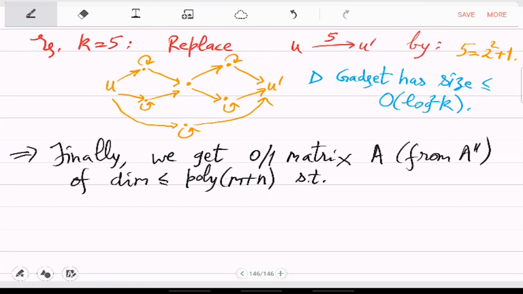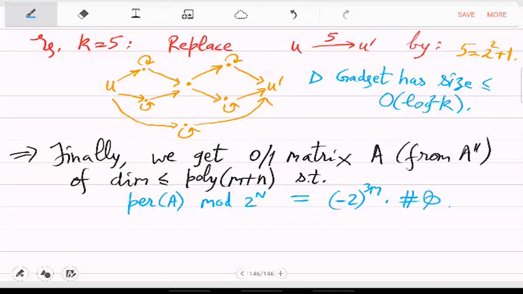And the relationship is that the permanent of A mod 2 raised to n is equal to this. You can check. Okay, so mod 2 raised to n, it will come out to be this.